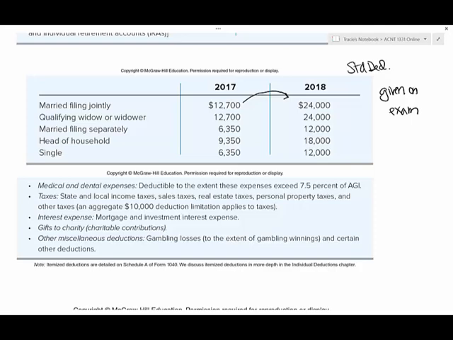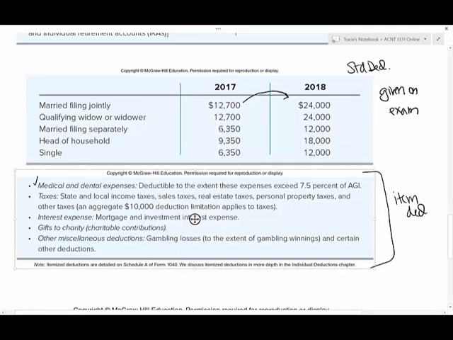The next thing you'll see in the book are the itemized deductions. The itemized deductions include things such as medical and dental expenses, taxes, interest expense, gifts to charity, and some other miscellaneous deductions.